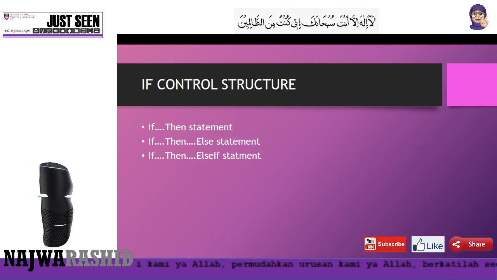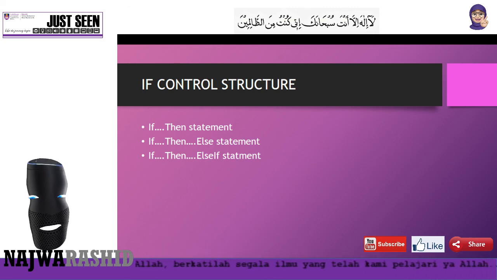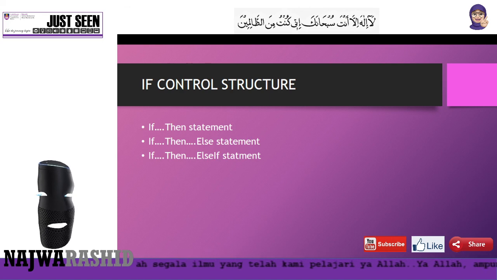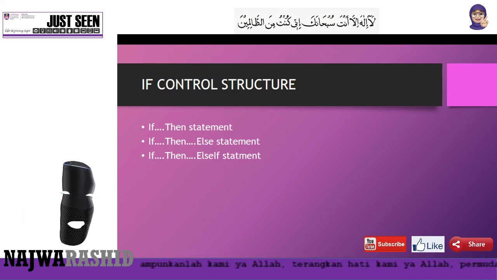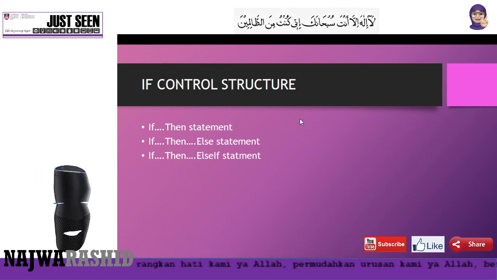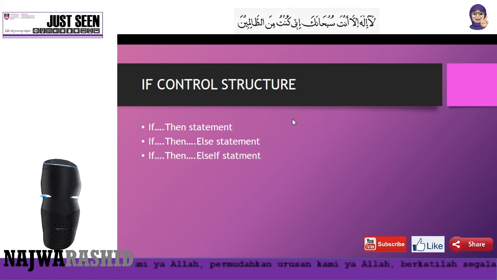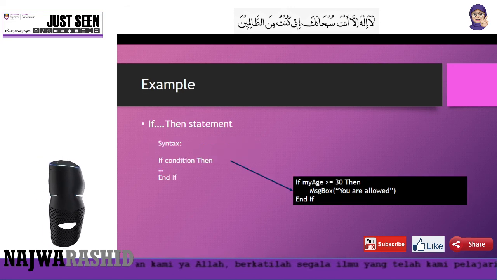In If control structures, we have three structures: the If Then statement, the If Then Else statement, and the If Then ElseIf statement. These are the control structures that we can apply in Visual Basic programming.